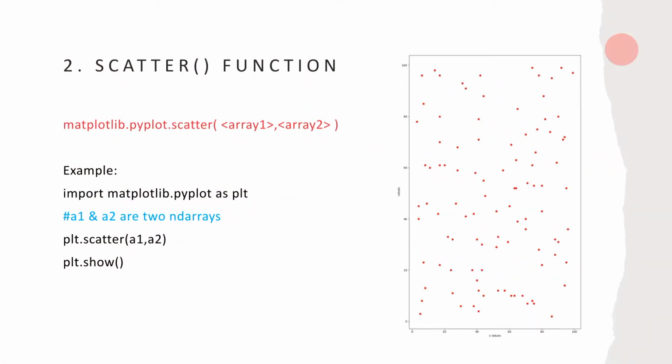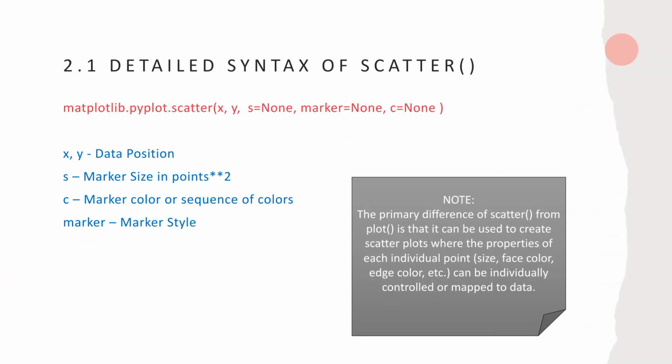Now moving to the scatter function. We are going to deal with scatter plots. Scatter plots look like this. This is a random plot. The basic syntax looks like this: plt.scatter. We use the scatter word and two values, which will create data points. The definition looks like this.